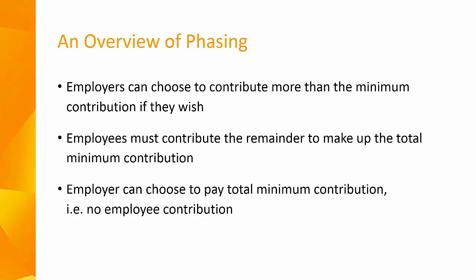If an employer chooses to pay more than the employer minimum but less than the total minimum amount, then the employee must make up the difference. If an employer wishes, they can also decide to pay the total minimum contribution rate, which is 5% from April 2018 and 8% from April 2019.